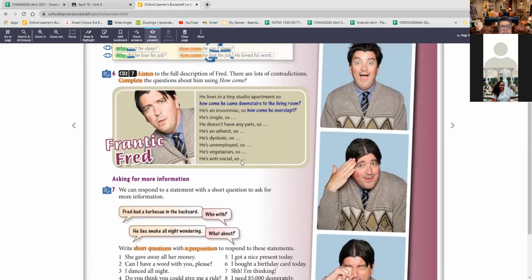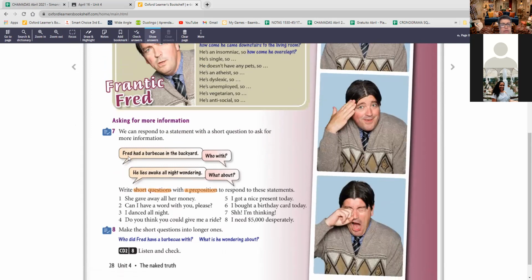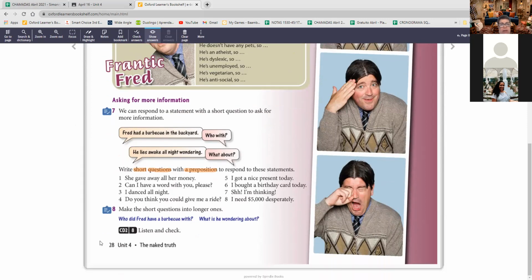Look, I think it's in number 7, right? They say that he's a vegetarian, so how come he had a barbecue? And also here, Fred had a barbecue in the backyard. You might say, who with? Who with? Longer: who did Fred have a barbecue with? Okay.